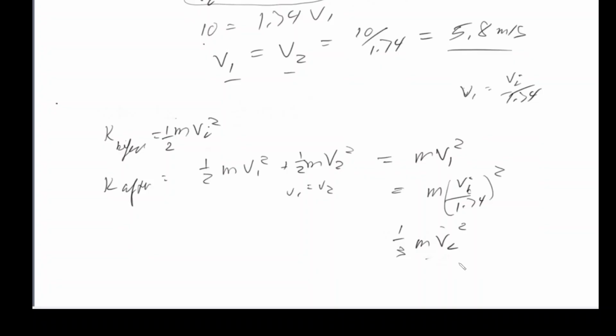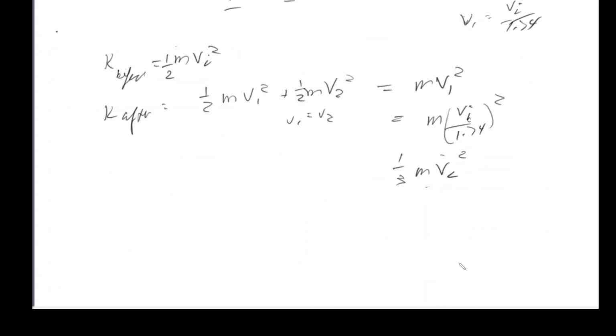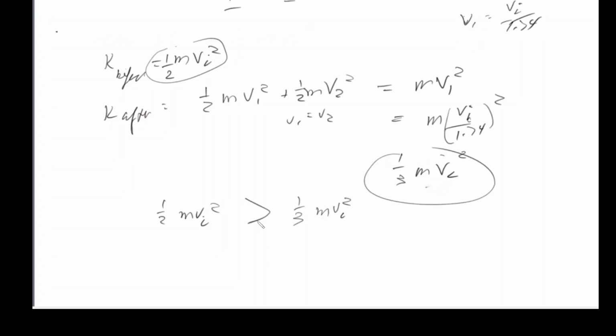So if we compare the total energy before, which is 1/2 mV initial squared, to the total energy after, which is 1/3 mV initial squared, we see that it's less.